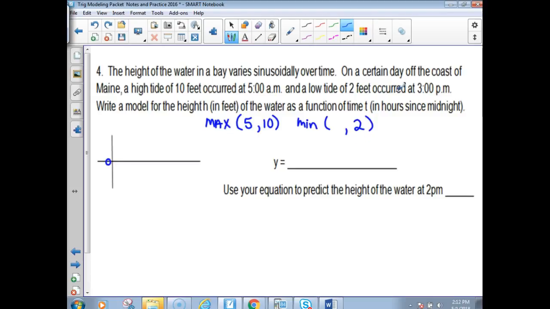Now, how many hours is it from midnight to 3 p.m.? Yep, from midnight to noon is 12. 3 more hours would be 15. So that's 15 hours that have passed. Now, remember how we did our max to our min was only part of the wave? Okay, so like we're up here and then we're doing that chunk. Okay, so how long is the period?